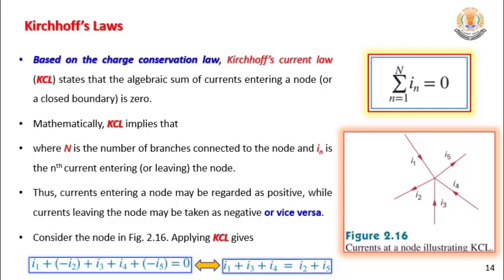We can start with current entering positive, for example. So I have I1 plus I3 plus I4 minus I2 minus I5 equals 0. Or, in other words, I1 plus I3 plus I4 equals I2 plus I5. Do you agree?